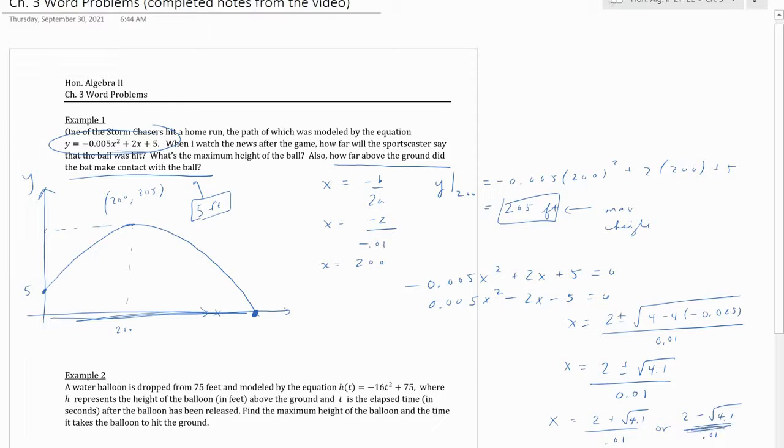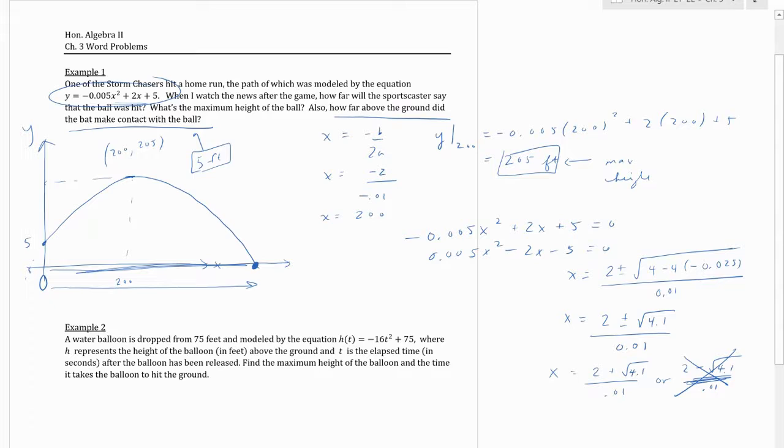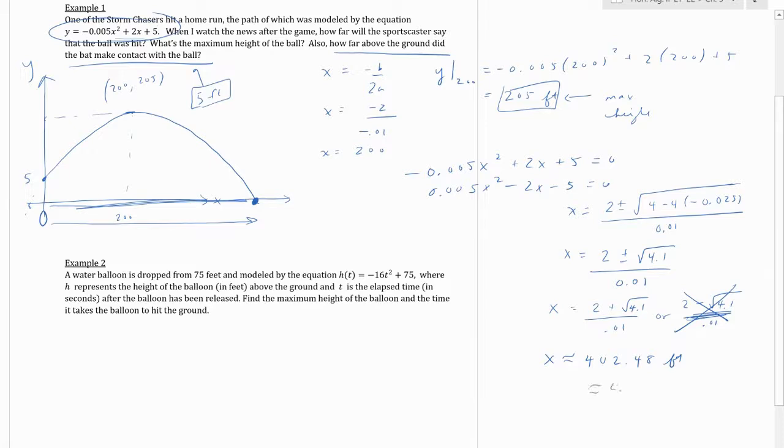The square root of 4.1 is bigger than 2, so 2 minus a number bigger than 2 is negative. That just tells you where it would have hit the x-axis over here. That's not the one we want. We want 2 plus the square root of 4.1, divided by 1/100. So they'd probably say it was about a 403-foot home run.